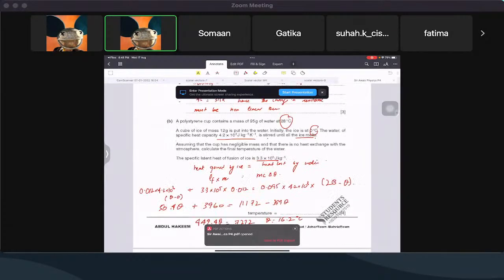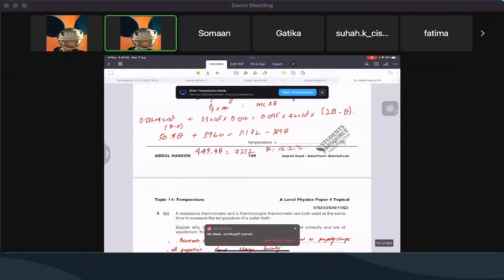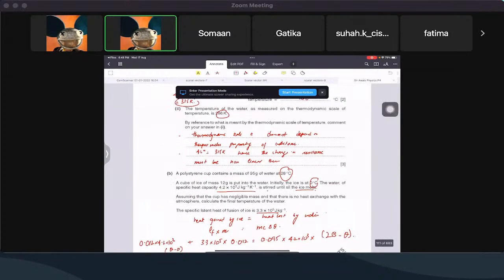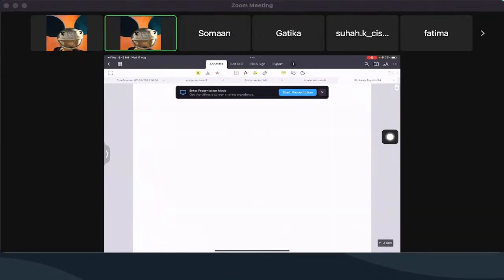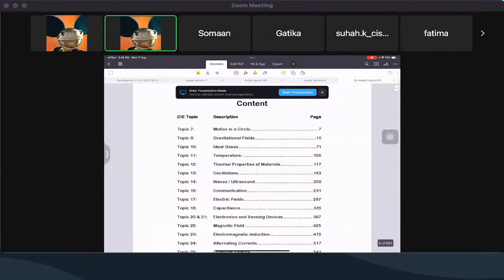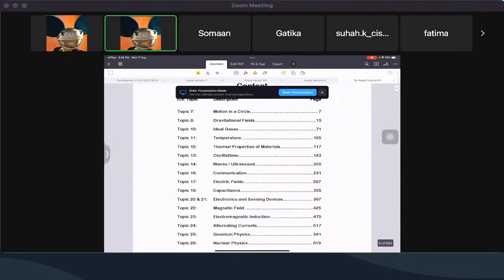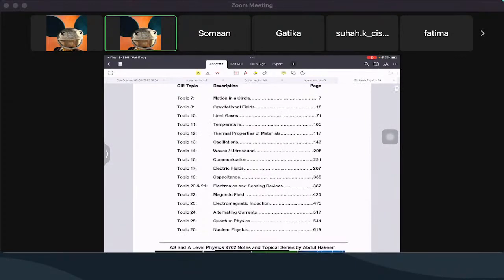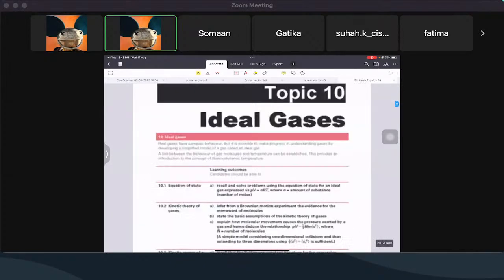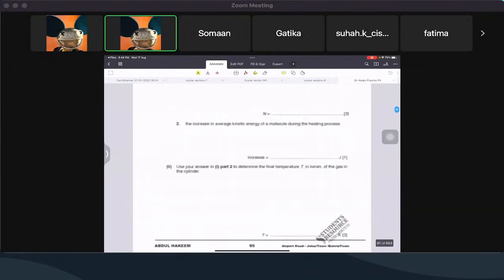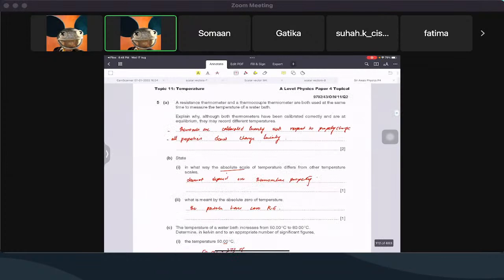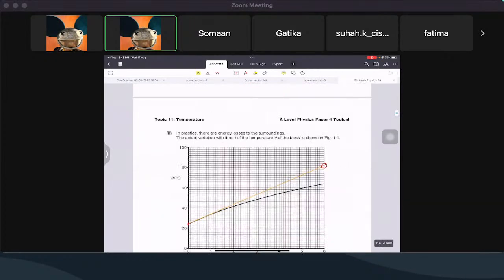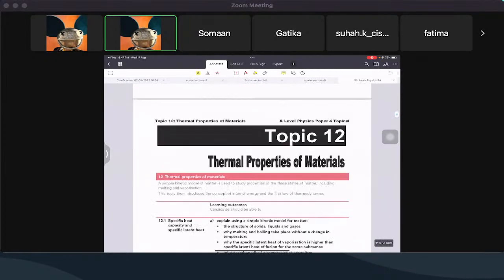I don't know where the thermodynamics was. Let me check. This was thermal properties 117. Right. It should be somewhere after this. Okay.